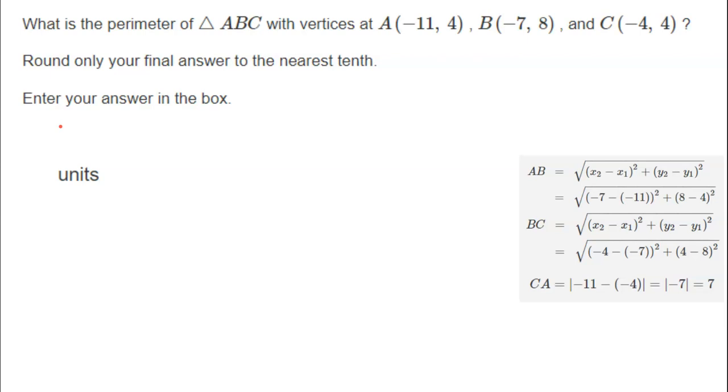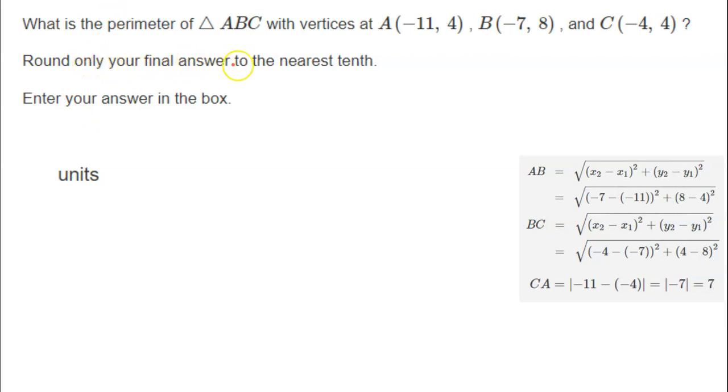Now, what is the perimeter of triangle ABC with vertices at 11, 4, negative 11, 4, negative 7, 8, and negative 4, 4? So go ahead and plug in this information.